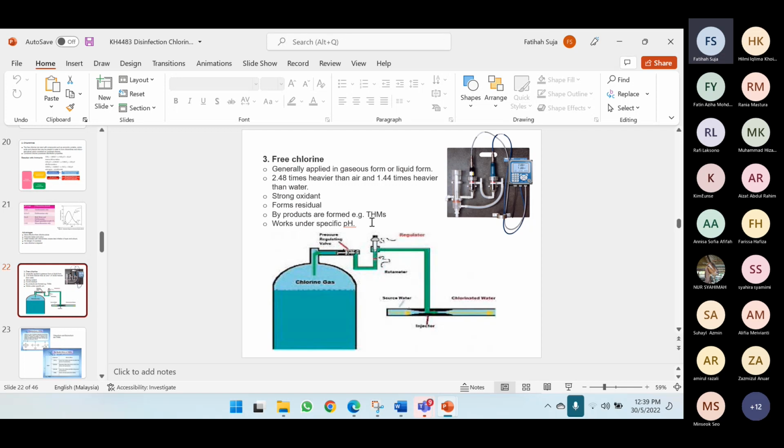in disinfecting your water system. So in your water treatment plant design, if you use disinfection, you need to specify the type of disinfectant that you want to use.